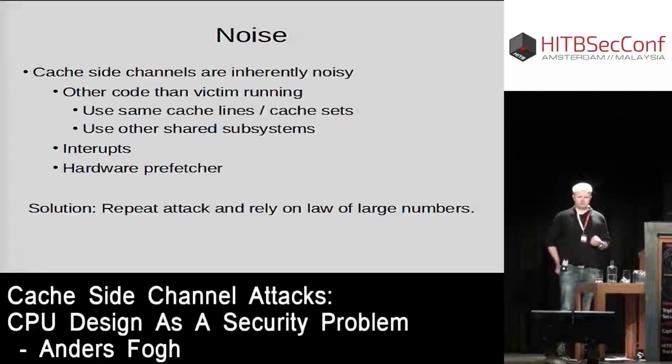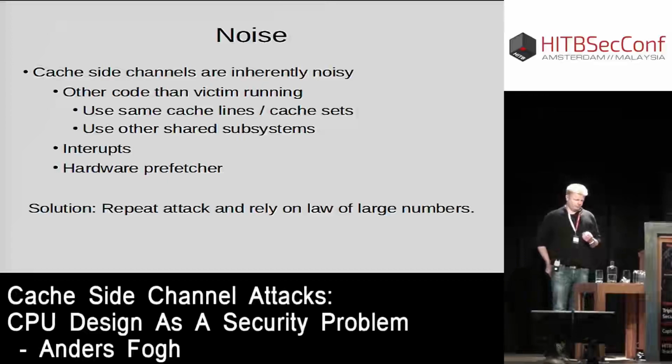Another thing is these are essentially timing attacks, and there are other shared subsystems in the CPU, and other uses of these subsystems will change the timing of the information. This is not particularly important for the basic cache side channel attacks because the time difference of 120 clock cycles is pretty substantial. We'll take a look at another cache side channel attack in a moment, a variation of flush and reload, where the timing difference is much smaller, where it becomes a real issue.